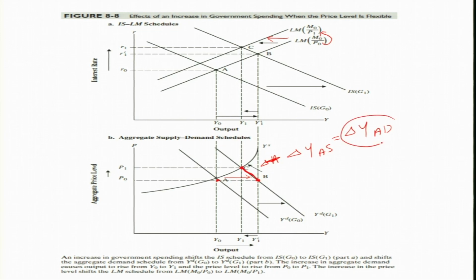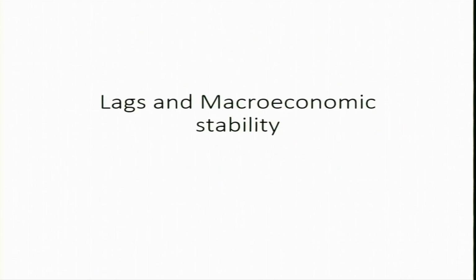First the effect will be on aggregate demand, then a subsequent effect on aggregate supply. So in short, fiscal and monetary policy can be used to revive economic activity in the short run, especially when the economy is in recession.